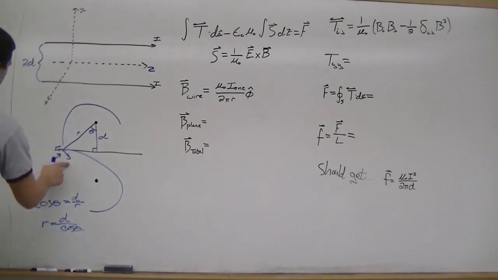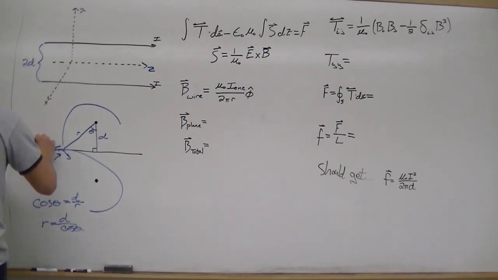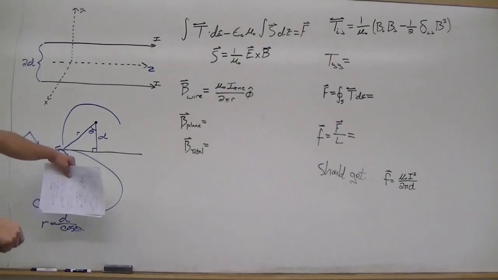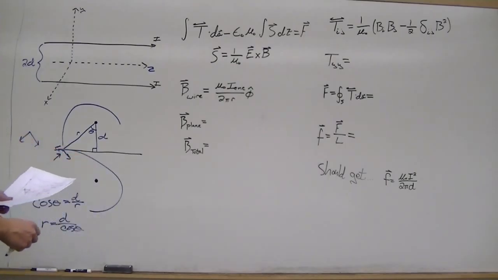Now, looking at this point, you're going to end up with one magnetic field pointing down that way, the top one, and then the other one pointing down that way. So essentially, the x components of these are going to cancel out, and the y components will add up. So the force on this plane will be in the y direction.